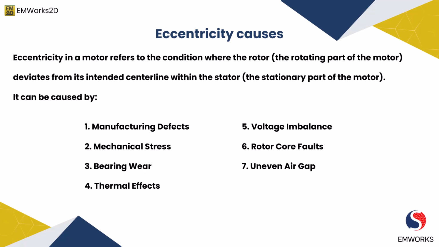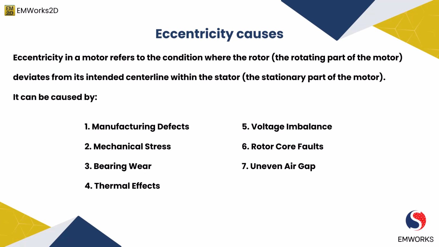And finally, we could have uneven air gap. The air gap between the rotor and stator should be uniform for proper motor operation. If the air gap is uneven due to improper installation, degradation, or mechanical damage, it can lead to eccentricity.